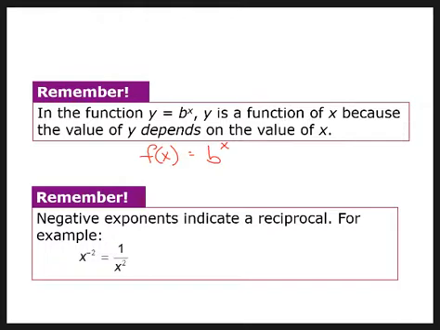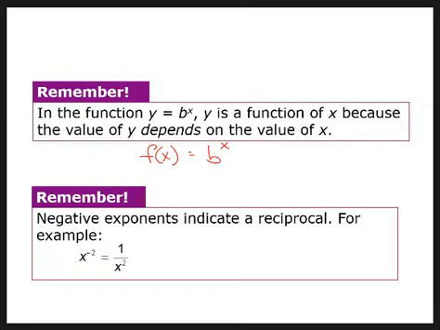Remember, f of x and y are more or less interchangeable, and this is just making sure that you remember that y depends upon the x value. So we're still talking independent versus dependent variable stuff, where the x, even though it's in a place that's a little different than what we normally talk about, in the exponent, is still independent. We can put whatever we want in for it.